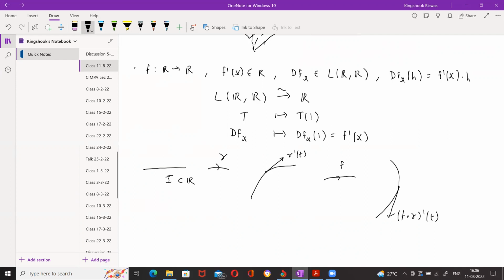Okay. And the chain rule is saying that dF will map tangent vectors to gamma to tangent vectors to the curve F compose gamma. Okay, so this is equal to dF at the point gamma t applied to gamma prime t. So the derivative maps tangent vectors of curves to tangent vectors of the image curves.